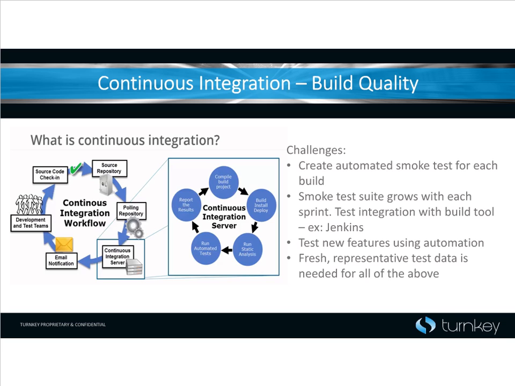There are a couple of graphics there that I'm sure everyone's familiar with from a process perspective, so I won't labor on that. But we find that what customers articulate to us as their challenges is to create automated smoke tests for each of those builds. And then that smoke test suite should, in fact, grow with each sprint, right?